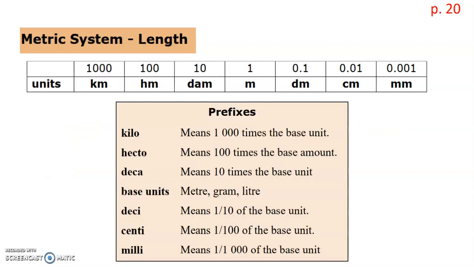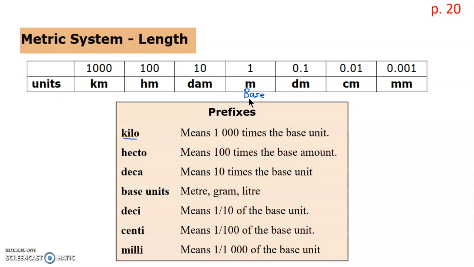All of these prefixes carry meaning, so whether we're using measurement of length or measurement of volume, we can use these prefixes to understand that kilo means 1,000 times the base unit. And the meter here is your base unit. Hecto is 100 times the base amount. Deca, next door, is 10 times the base unit.